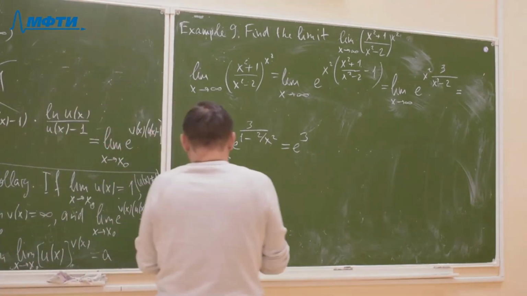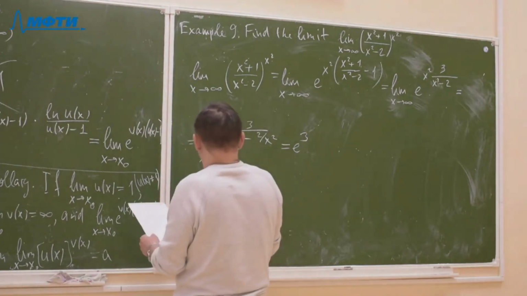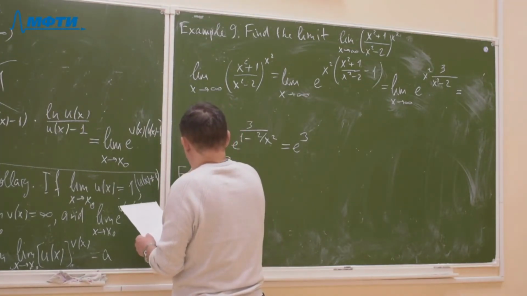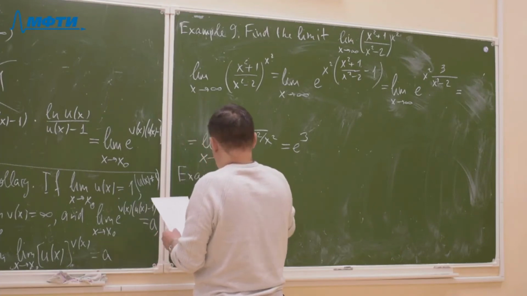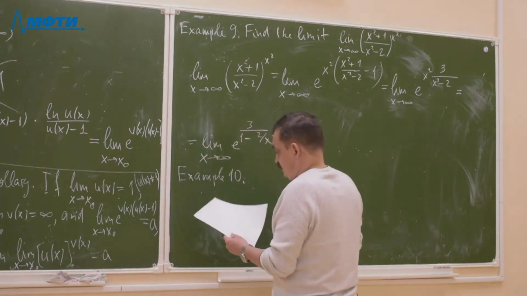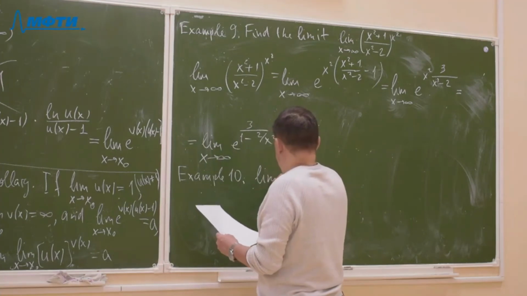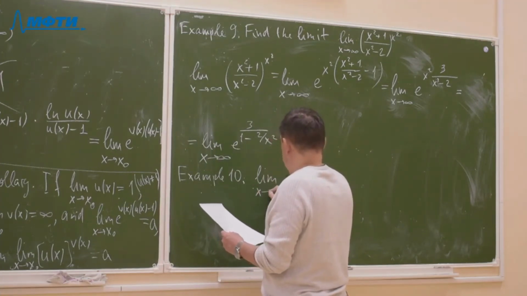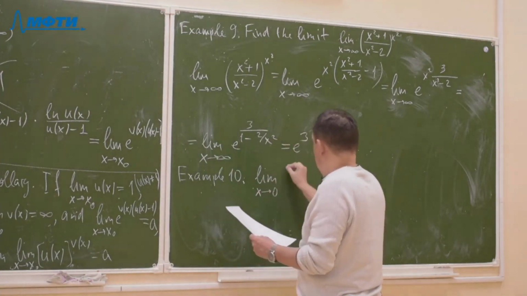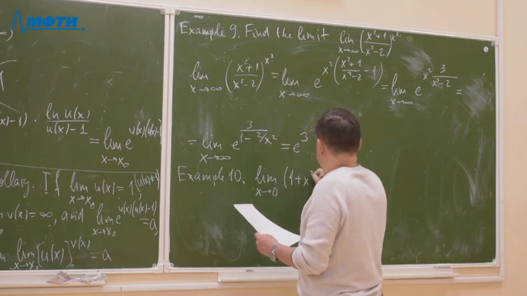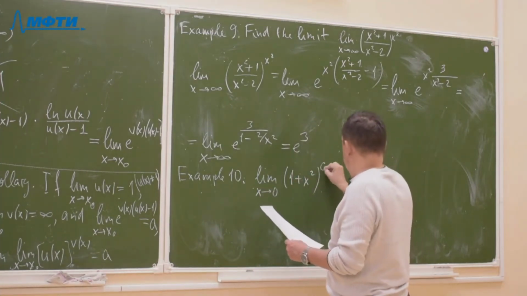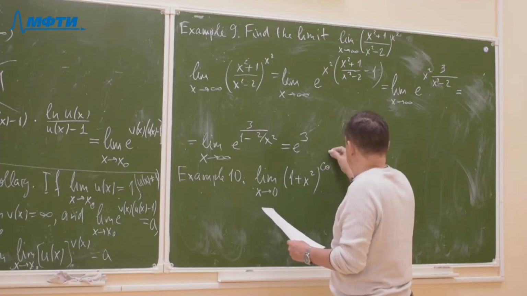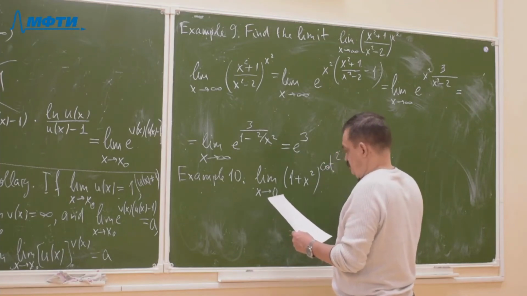Okay, next example, 10 now. Example 10. Find the limit as x tends to 0 of 1 plus x squared power cotan squared x.